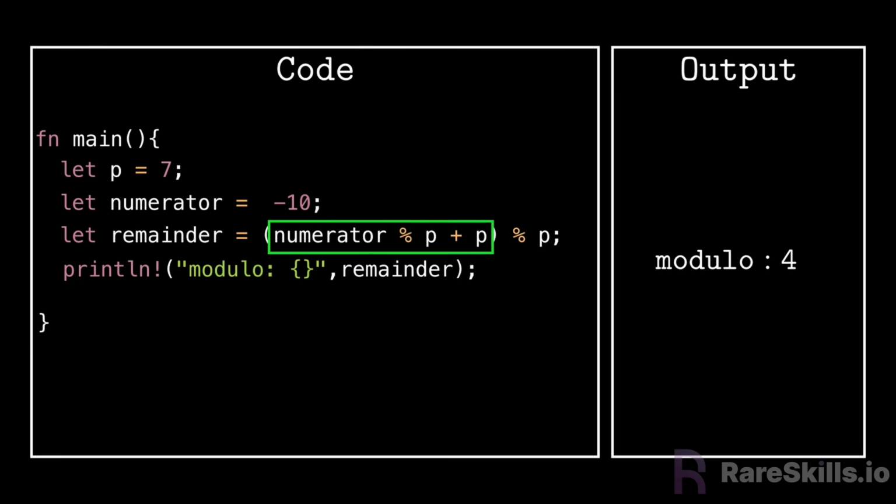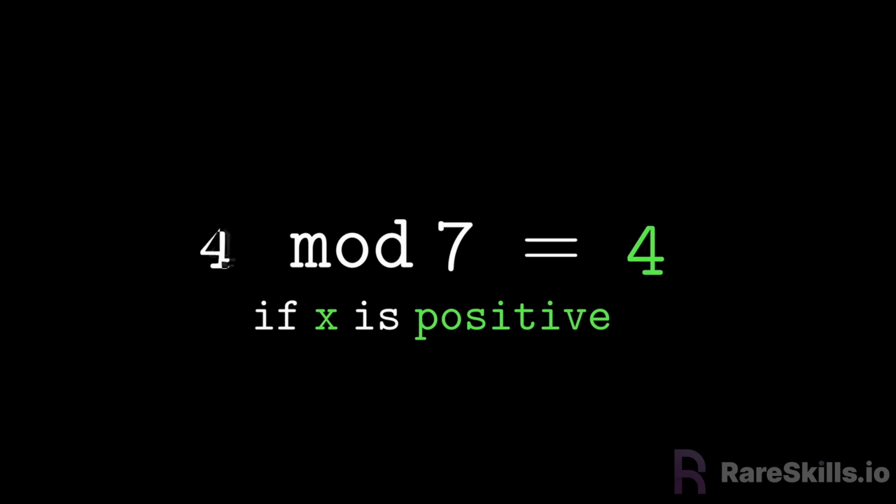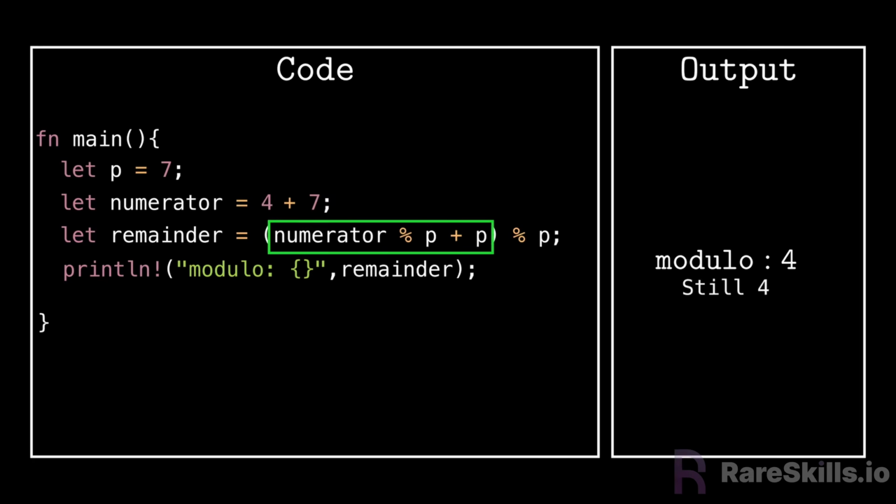For example, 4 modulo 7 is 4, but 4 plus 7 modulo 7 is also 4. Similarly, 10 modulo 7 is 3, and 10 plus 7 modulo 7 is still 3.